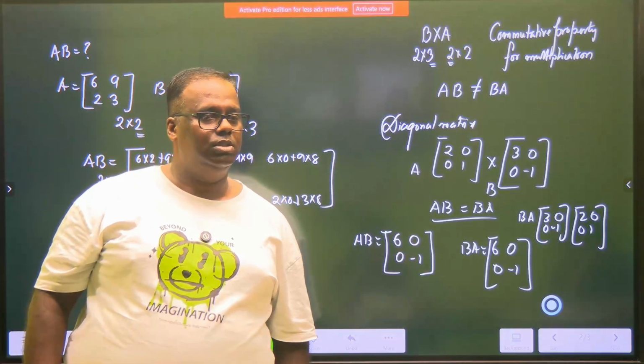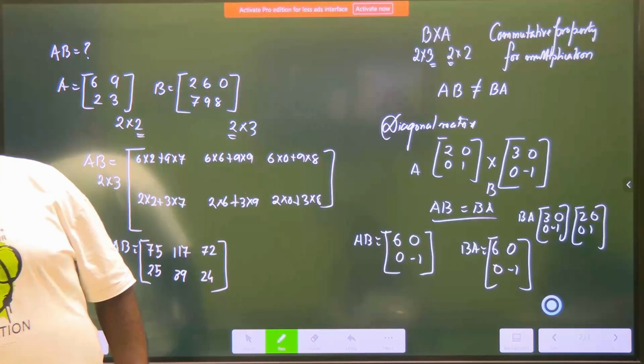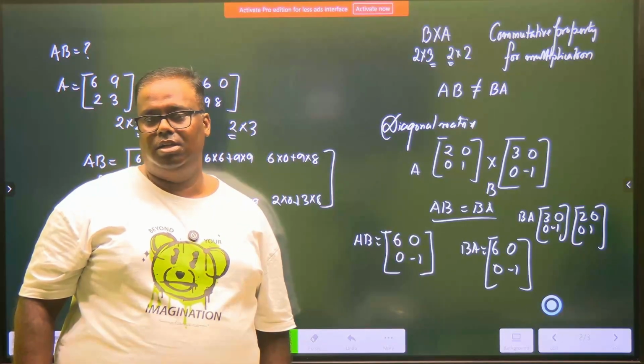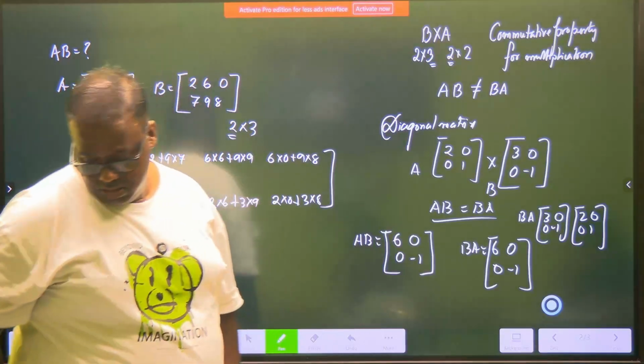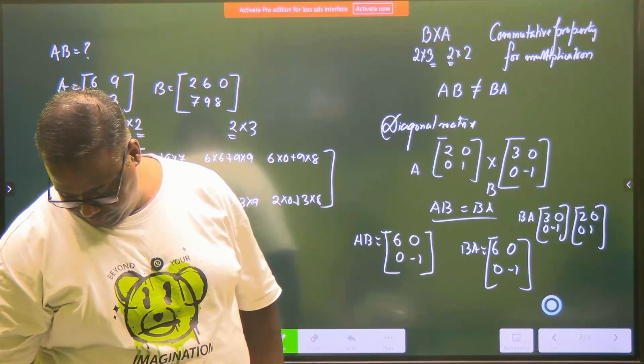You wrote that note? Matrix multiplication is not commutative. If the matrix multiplication is commutative, it means that the participating matrices are diagonal matrices. Yes, children? Understood? Okay.